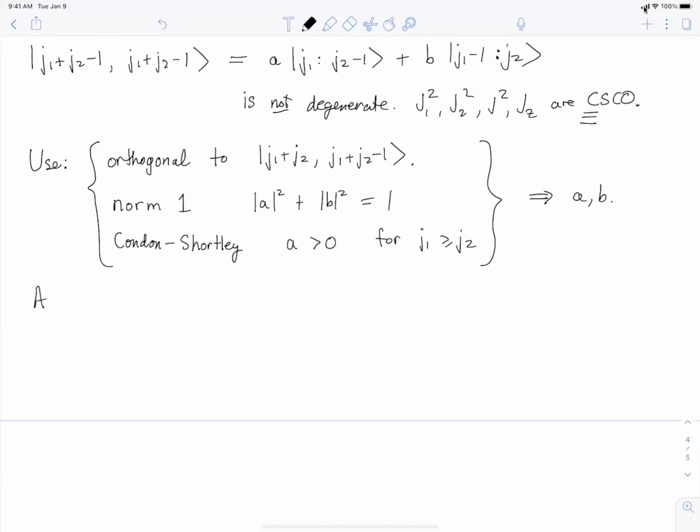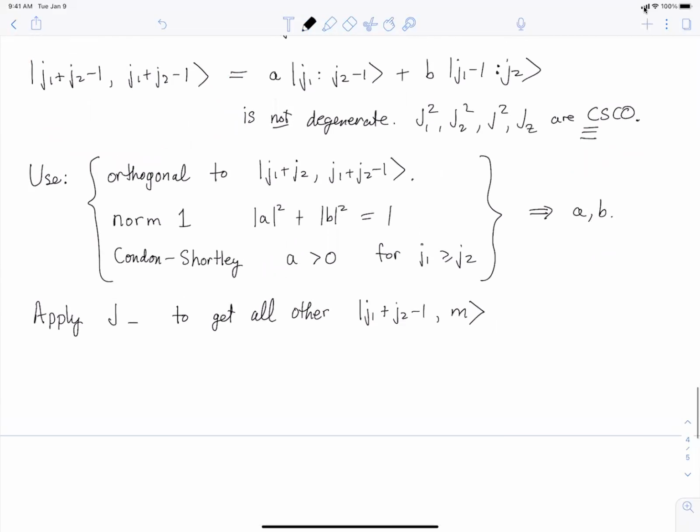So we apply the operator J minus, and that's going to get all of the other states that are of the form J1 plus J2 minus 1 with any possible value of m.